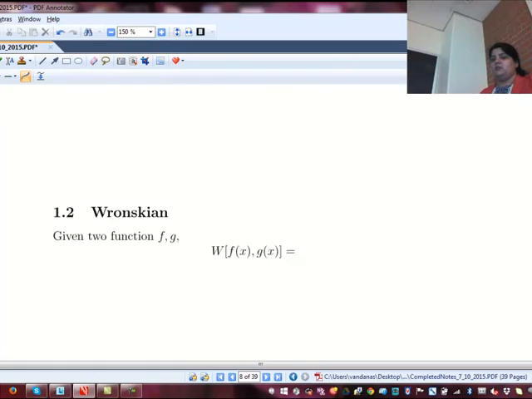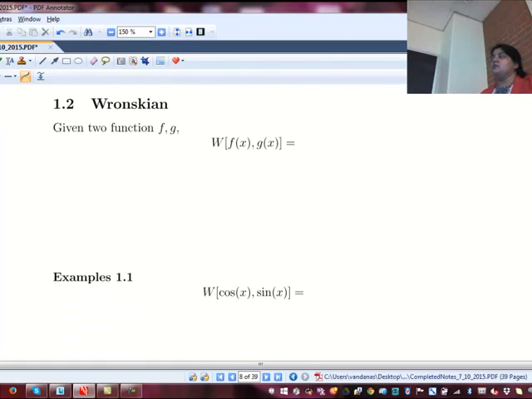Wronskian. What is the Wronskian? It is very important for second order differential equations. I will get into more depth later, first I'll just define it.